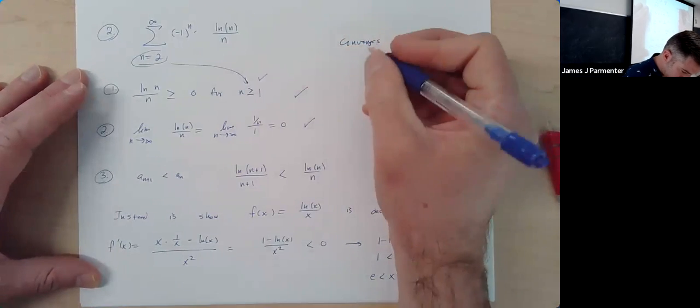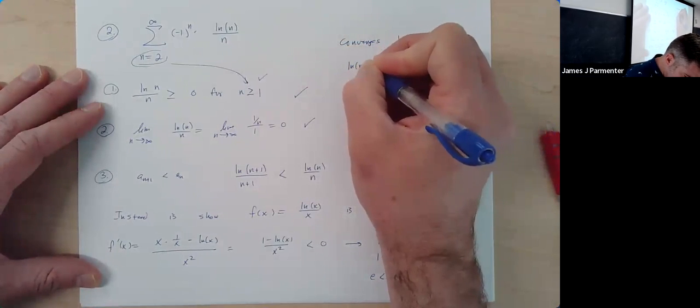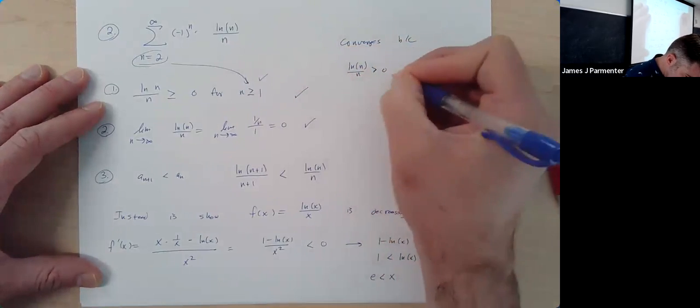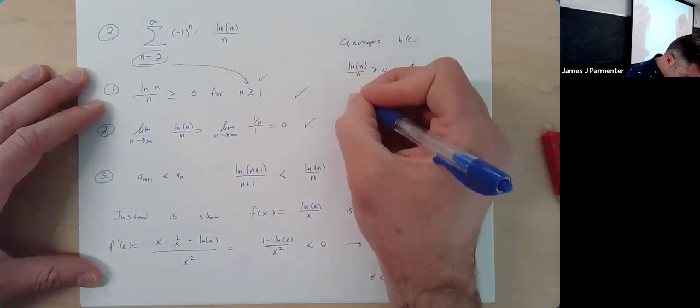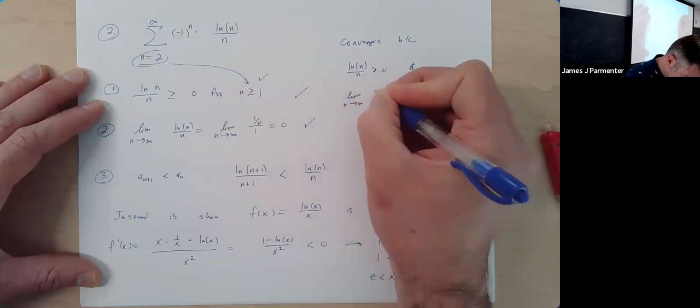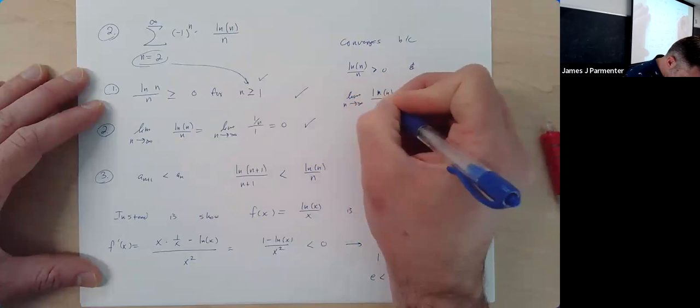Because certainly the natural log of n over n is always positive, and the limit as n goes to infinity of natural log of n over n is 0.